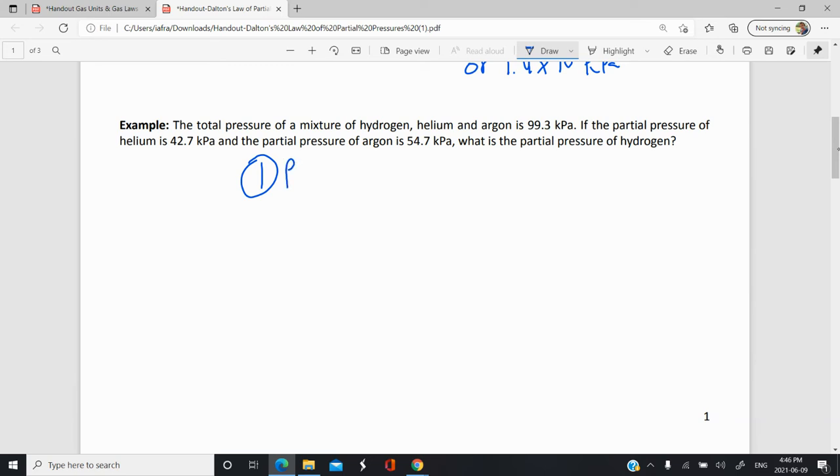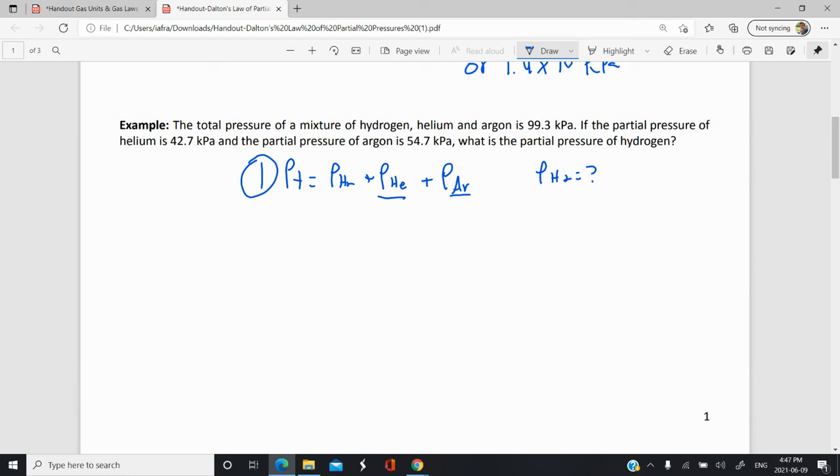The total pressure is equal to the partial pressure of hydrogen, plus helium, plus argon. We're given the partial pressures of helium and argon, but we're looking for the partial pressure of hydrogen.